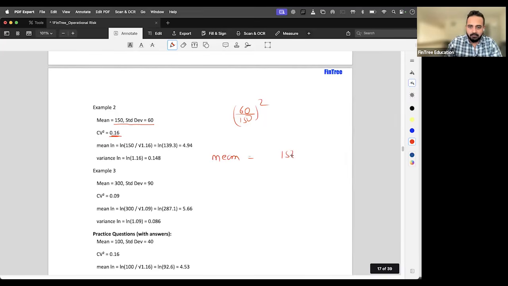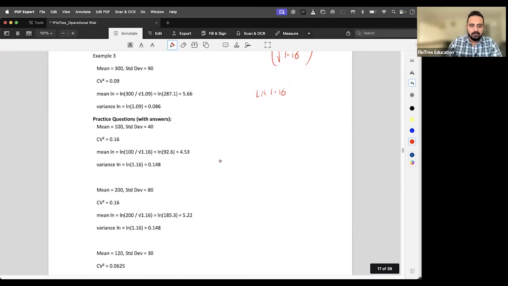So the mean will become 150 divided by the square root of 1.16, then ln. Forgot the ln operator here. So that should be equal to 4.93 or 4.94. Variance will be ln of 1.16, so that is equal to 0.14.